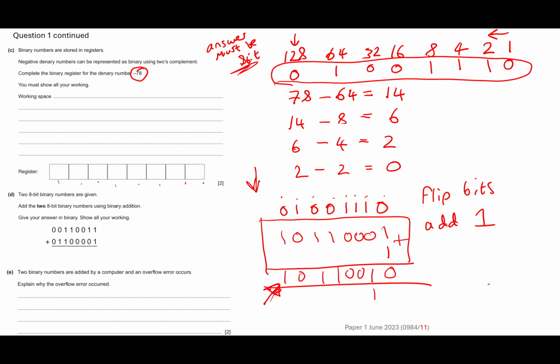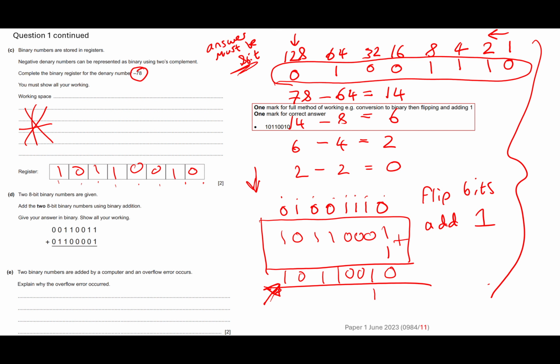So we can pop the answer into the box: 1, 0, 1, 1, 0, 0, 1, 0. I've done all my workings out in this space, but you would put your workings here. As I've mentioned before, because of the way I've laid out the slides, I don't have much space to write in, plus the way I use the pen, it writes quite big.